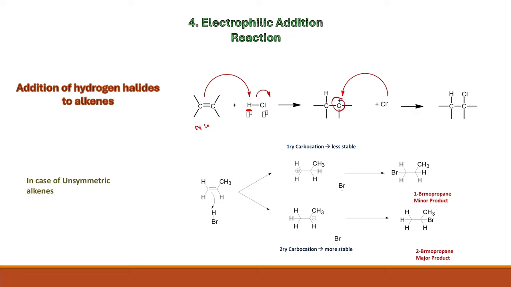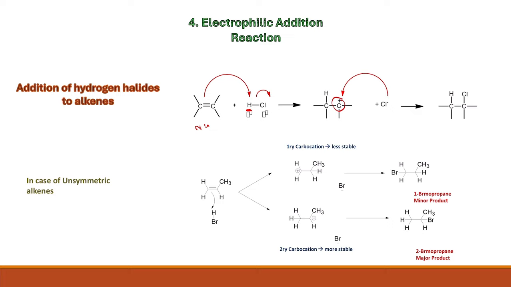Remember that it's very common for them to ask you about this reaction using unsymmetric alkenes. Don't forget to refer to the two different carbocations that will be created. One of them is going to be more stable than the other. Primary carbocations are the least stable, followed by secondary carbocations, and then tertiary carbocations are the most stable.